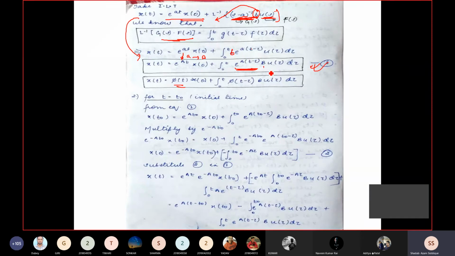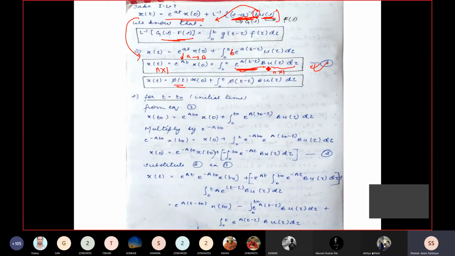In a scalar you can place b anywhere, but in a matrix representation you should match it with your outcome value. So x of t should have the dimension n rows and 1 column, an n cross 1 matrix, and overall this should also give you an n cross 1 matrix. So you can go through this.